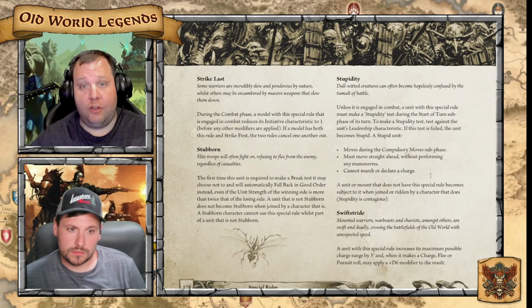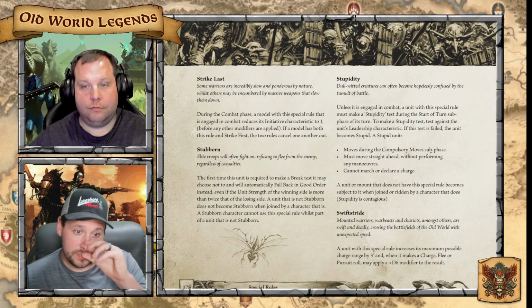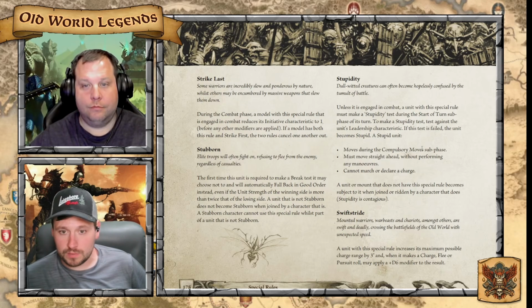Now with the update, failing stupidity is very punishing, so you really want to pass that test, because if you don't, you're in a heap of trouble. In the match play rules, there are many objectives that cannot be held by units that fail stupidity. So if you're able to use spells to give a unit stupidity, and then hopefully they fail their leadership check, it could be a game-winning move. Even if they have a big brick of a unit sitting on an objective, they just can't hold it anymore.